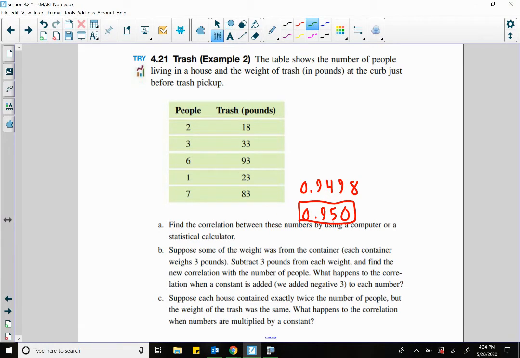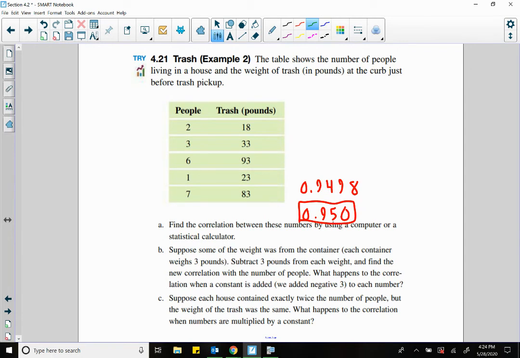Part B says, suppose some weight was from the container. Okay, so each container weighs 3 pounds. So we're talking about the trash. So if we subtract 3 from each of these, find the new correlation with the number of people. So we're going to go in and we're going to run this again.